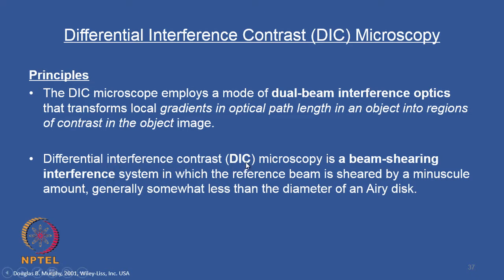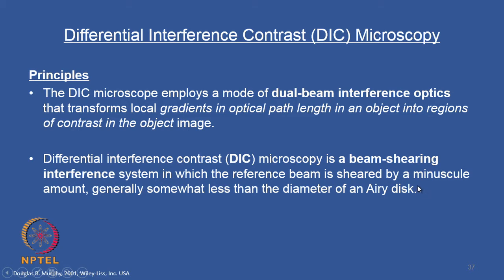Differential interference contrast microscopy is a beam shearing interference system in which the reference beam is sheared by a minuscule amount, generally somewhat less than the diameter of an Airy disc.